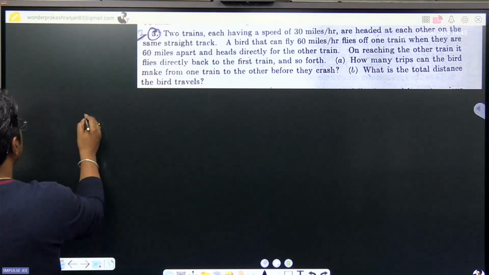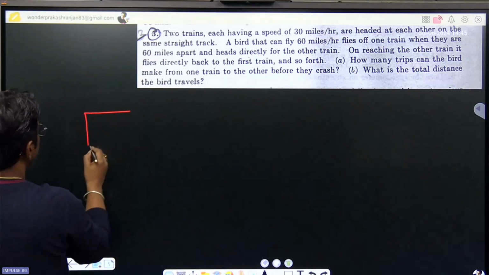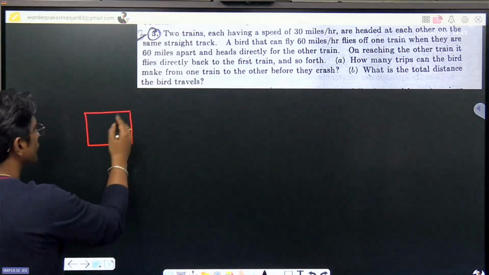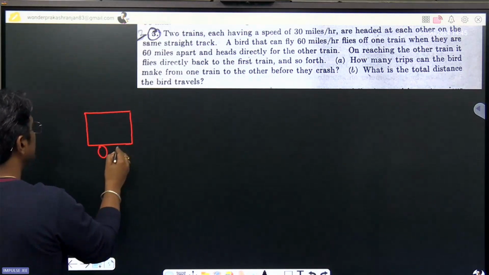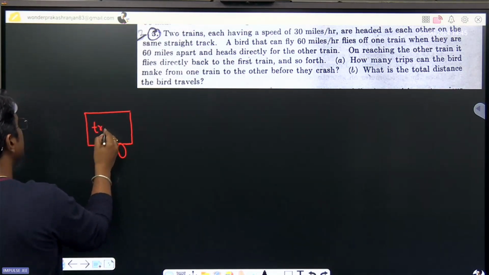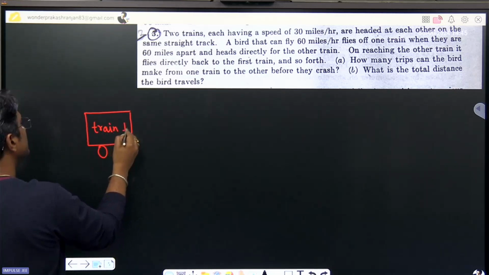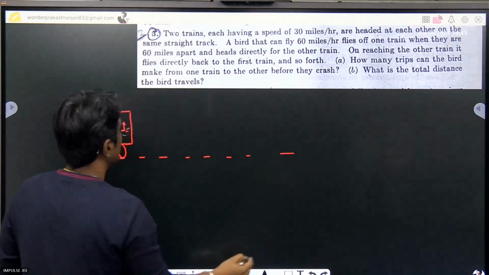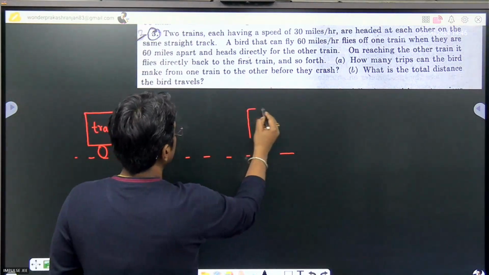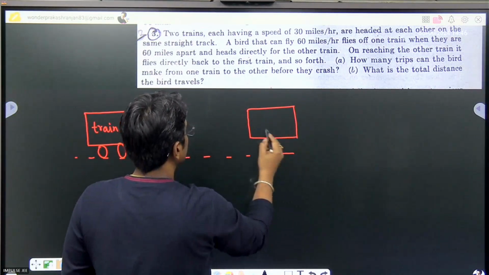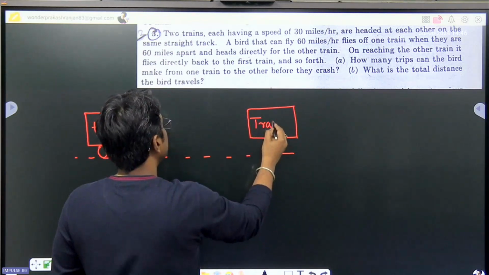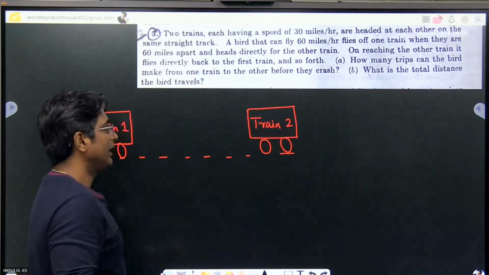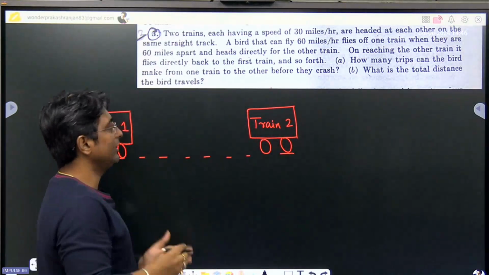So what we can draw, two trains like this. So we can draw one train like this. Say this is train 1. Assume this as train 2. अब इसको देखकर मत बोलना कि सर ट्रेन तो ऐसा होता नहीं है.